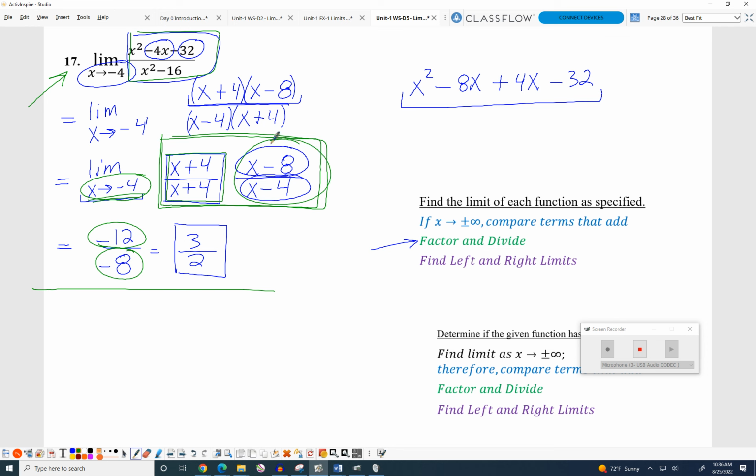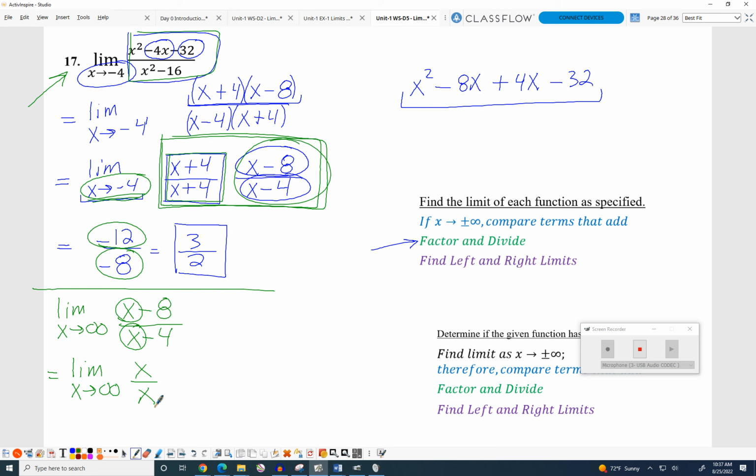So I'm just going to do the limit as x approaches infinity of x minus 8 over x minus 4. Now I just compare again. The only thing that's going to matter is the x. So really, I can put equal limit as x approaches infinity of just x over x, because I compared the terms that add again.